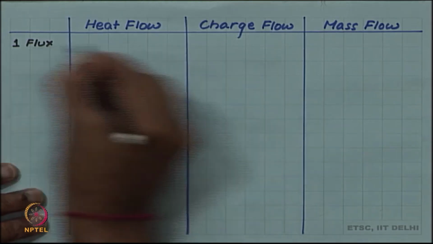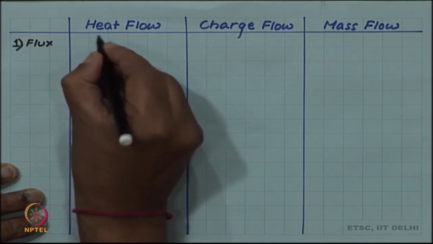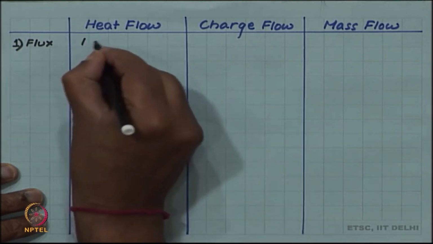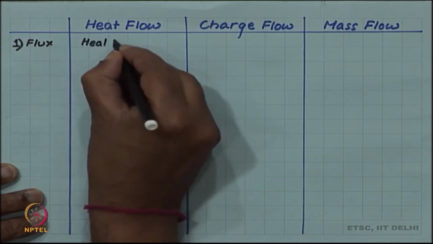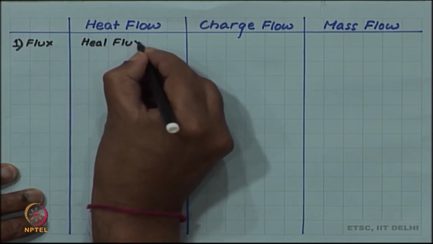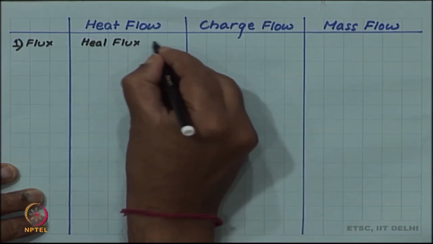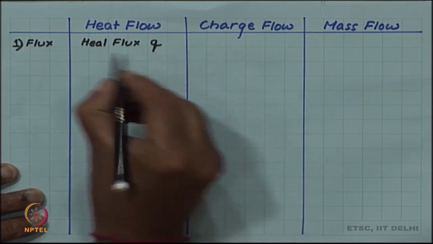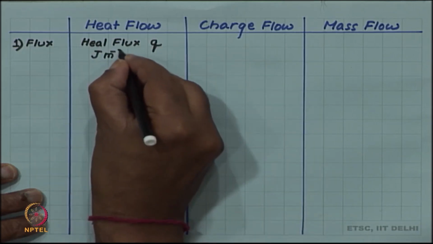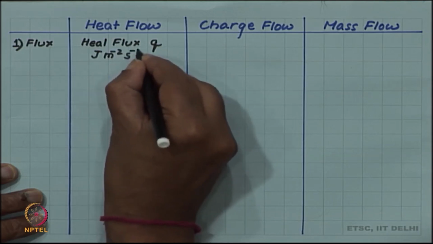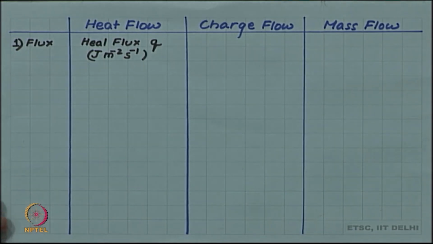What is the flux in heat flow? The flux in heat flow is the heat flux. Let us call that Q, and the unit is so many joules crossing per unit area per second. That is the flux in heat flow.